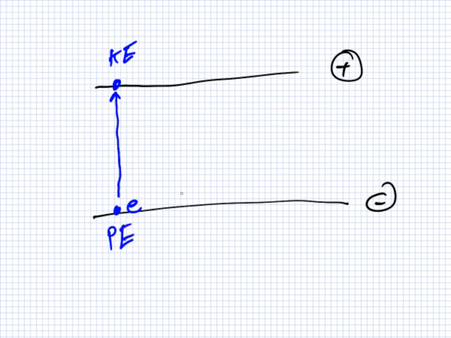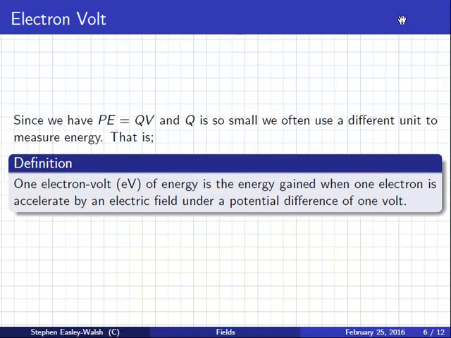If this is one electron and this here is 1 volt, we can say that it has 1 electron volt of energy. You could work out how many joules that is by using the formula, which we'll do in a moment, but electron volts are often used for these problems because they're a more suitable size. But here's the formal definition which you will need for the exam.